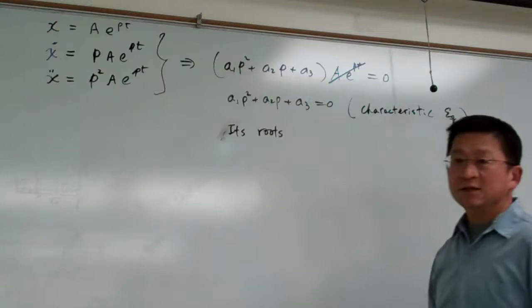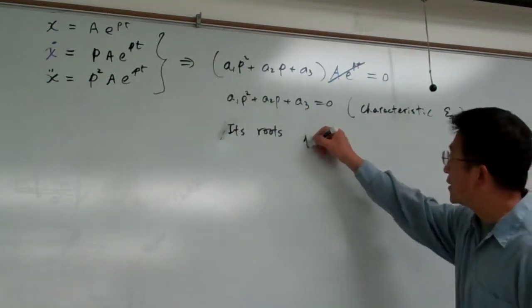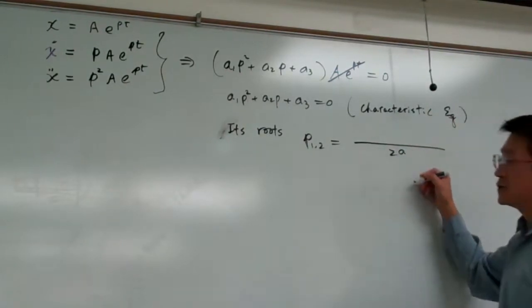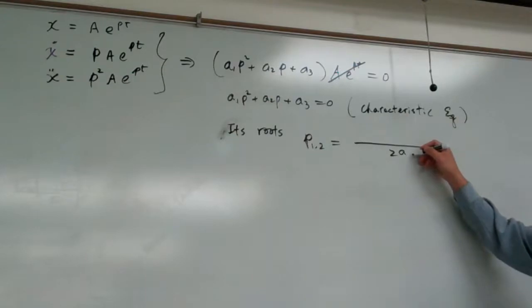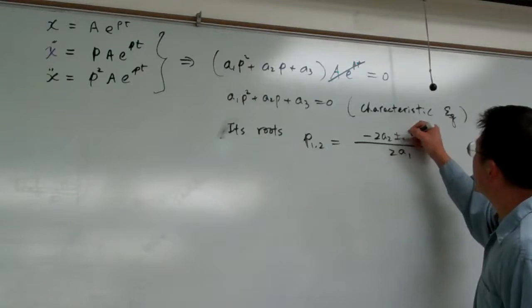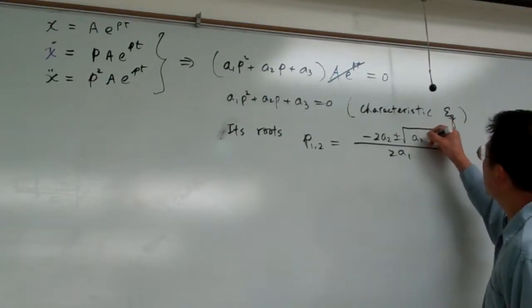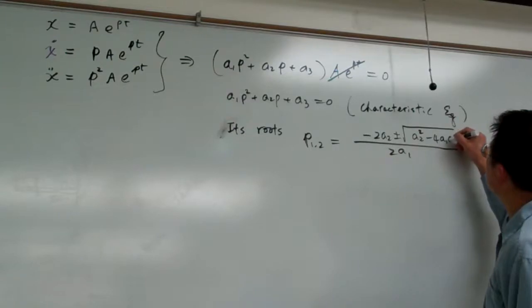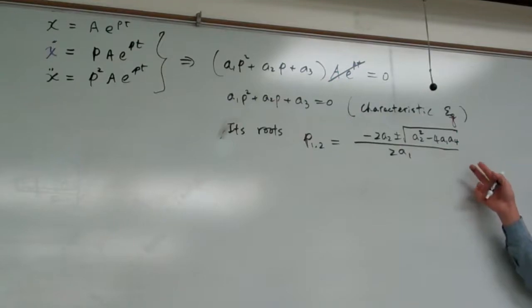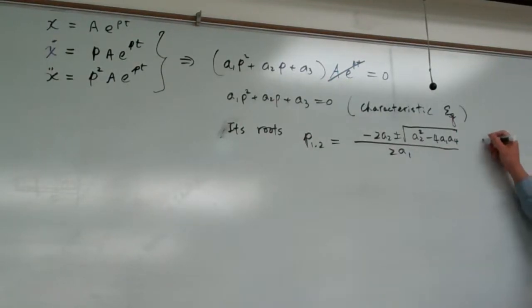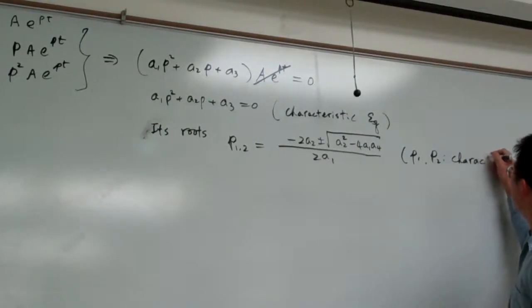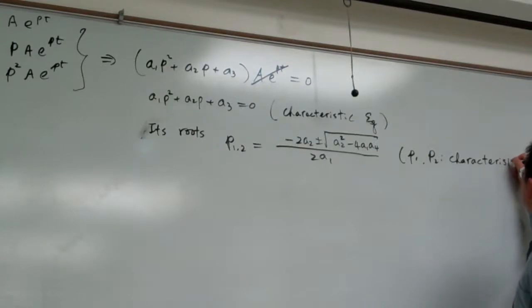From here, we can simply plug in to get the roots. There are two roots, P1 and P2, equal to minus b plus or minus the square root of b squared minus 4ac, all over 2a. We expect two roots, and P1, P2 are called the characteristic roots.